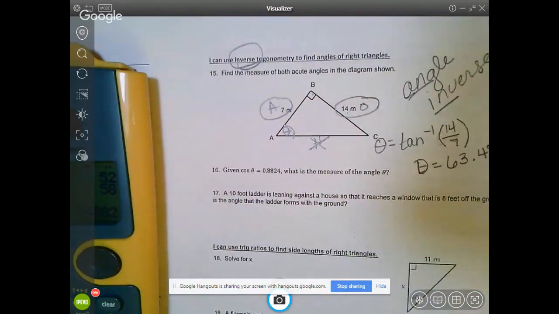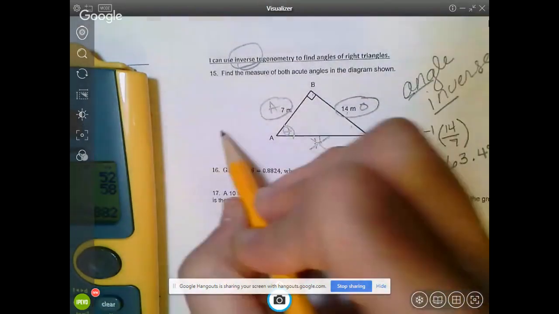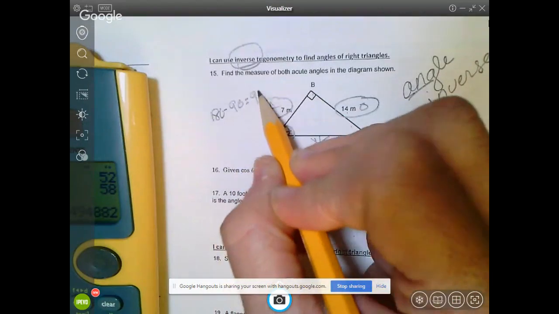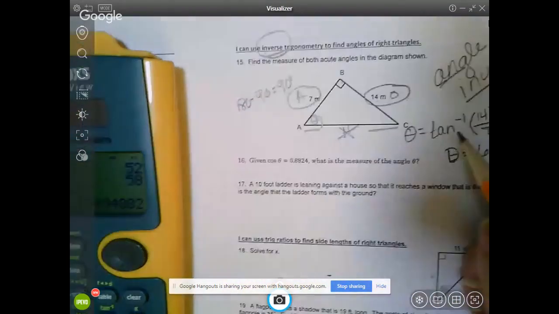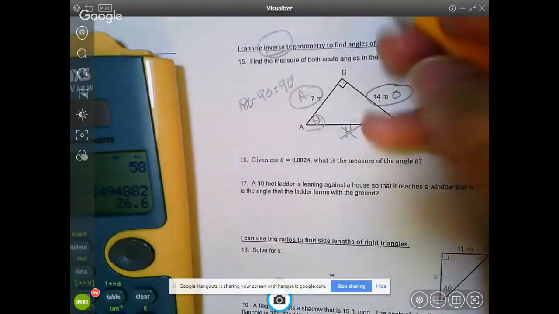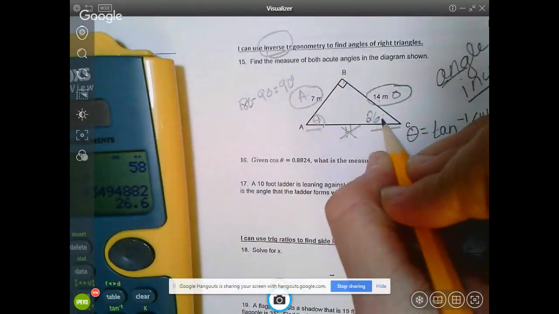If that's 63.4, then to find this angle, we know there's 180 degrees in a triangle. Minus the 90 means there's 90 degrees left for these two angles. 90 minus 63.4, and I know my other angle has to be 26.6.